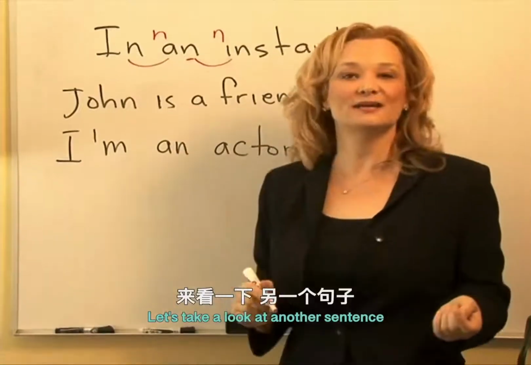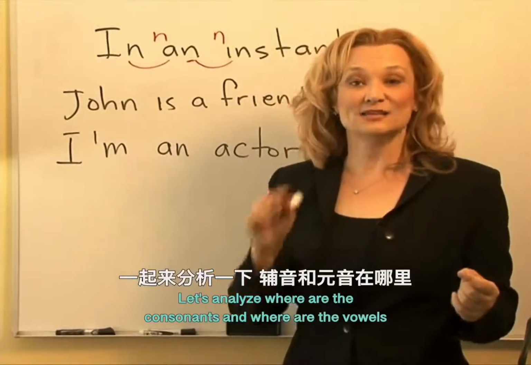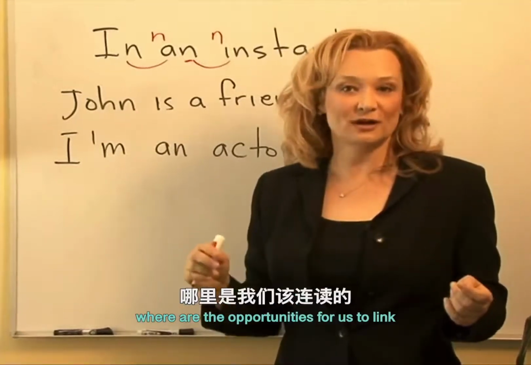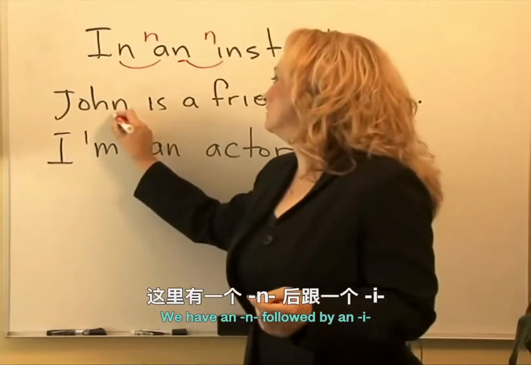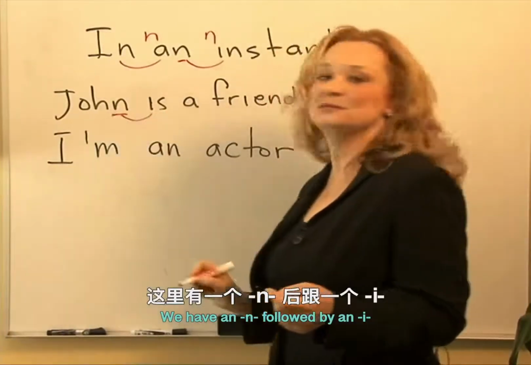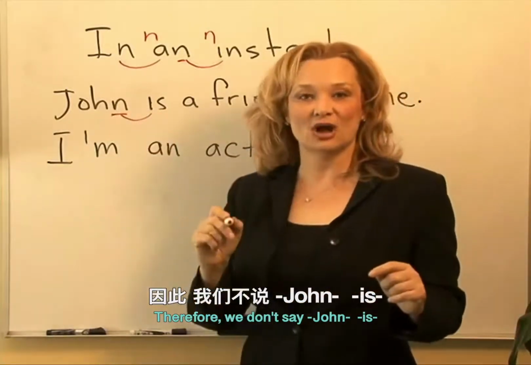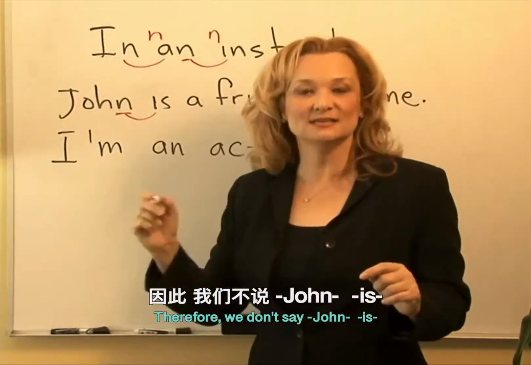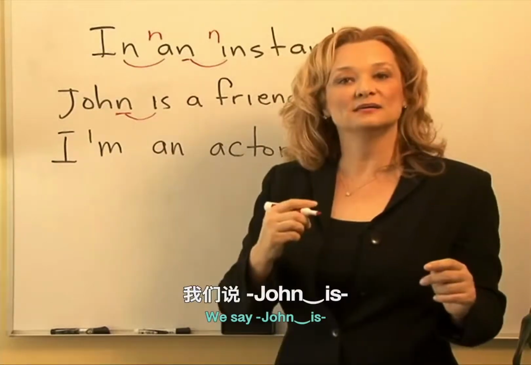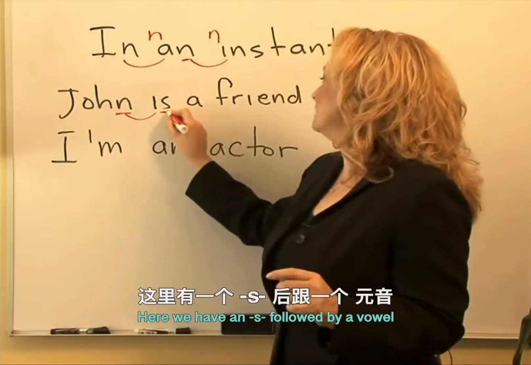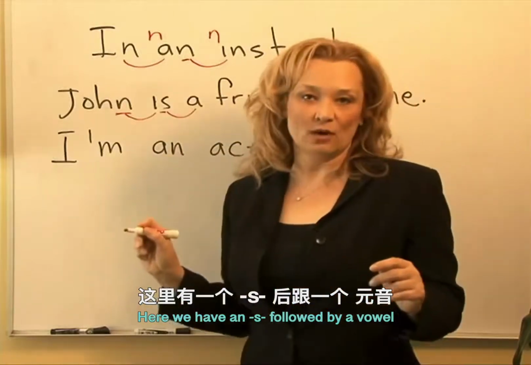Let's take a look at another sentence. Let's analyze where are the consonants and where are the vowels. Where are the opportunities for us to link? We have an N followed by an I. Therefore, we don't say John is. We link it and we say John is. Here we have an S followed by a vowel.